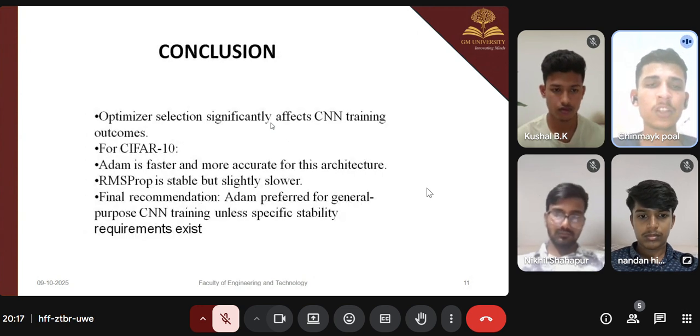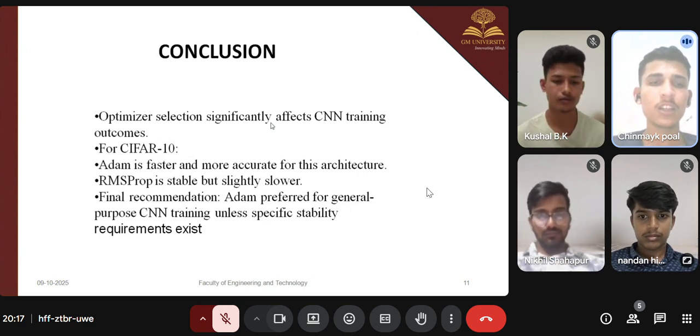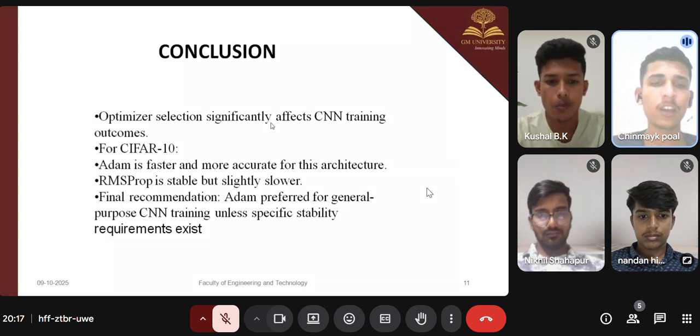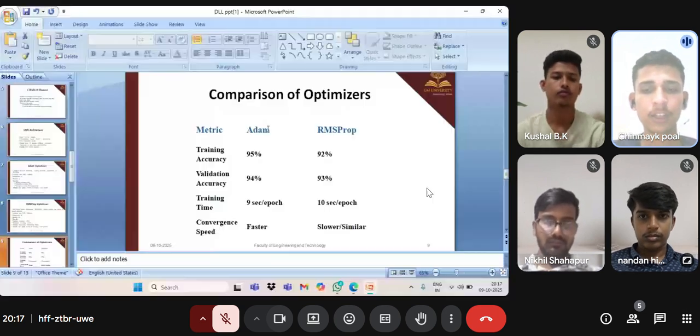And lastly, the conclusion: optimizer selection significantly affects CNN training outcomes. For CIFAR-10, Adam is faster and more accurate for this architecture. RMSProp is stable but slightly slower. Final recommendation: Adam is preferred for general-purpose CNN training unless specific stability requirements exist. The code part will be explained by my friend Kushal.